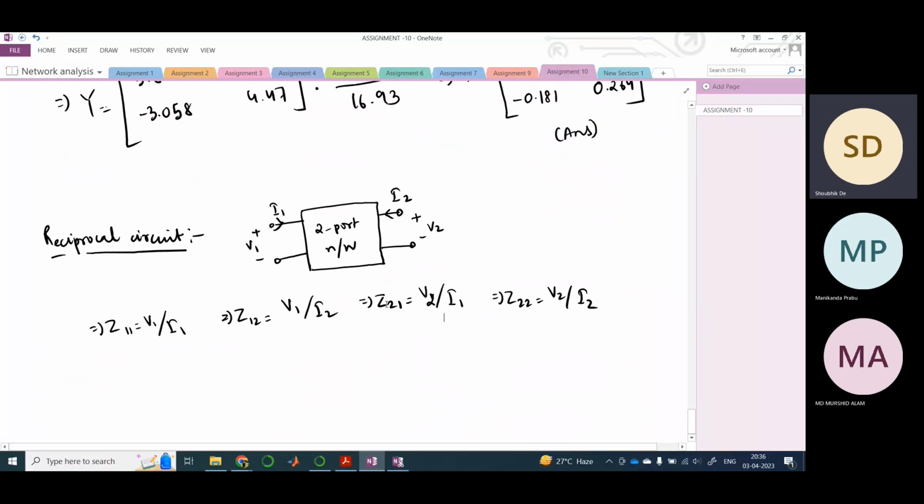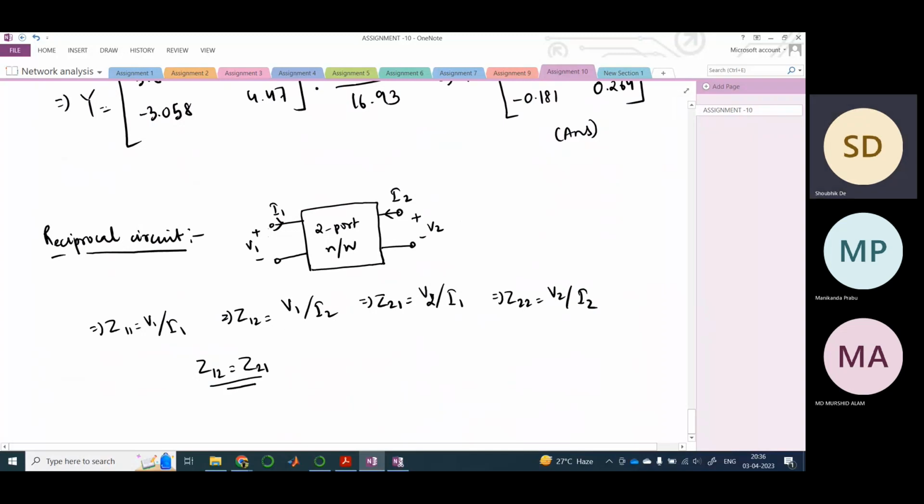So in reciprocity this should match. The voltage in the first terminal divided by the current in the second terminal would be equal to the voltage in the second terminal divided by the current in the first terminal. So this is the reciprocity theorem.